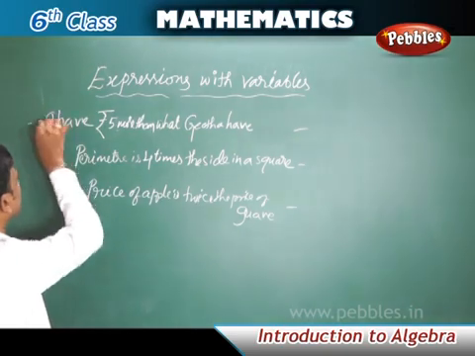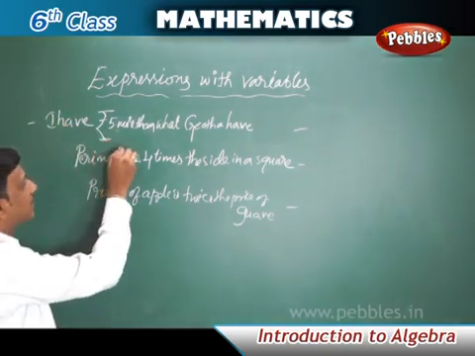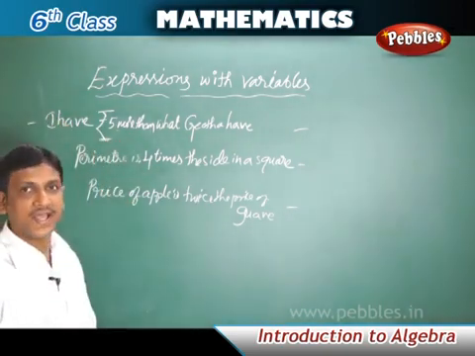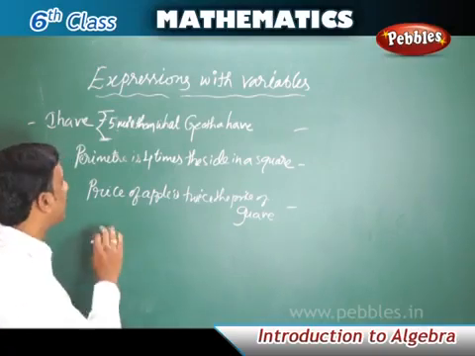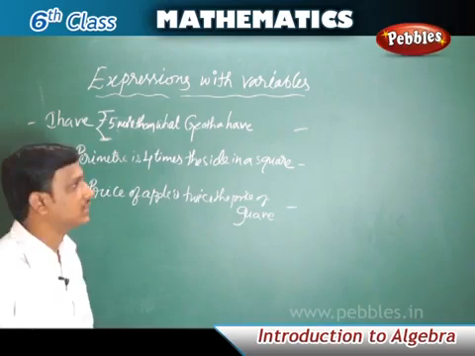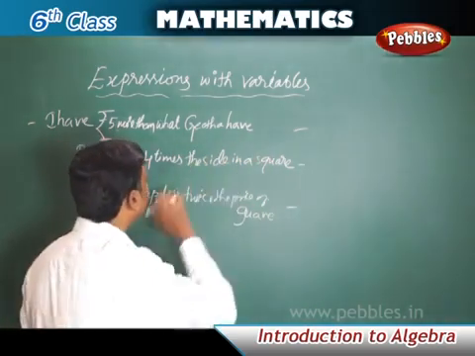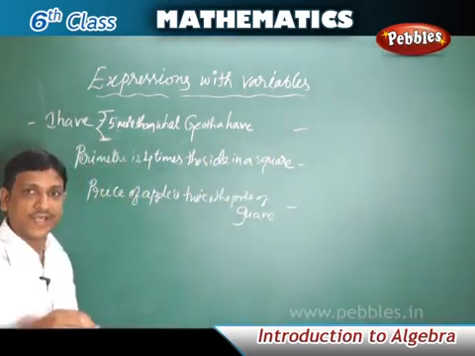So here the first one: I have rupees 5 more than what Geeta has. So we don't know what Geeta is having, but 5 more.